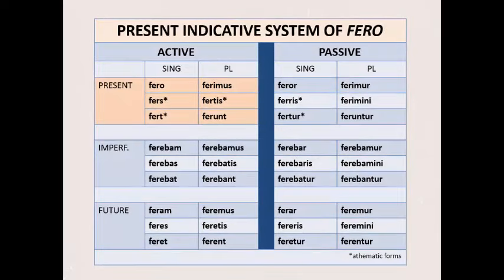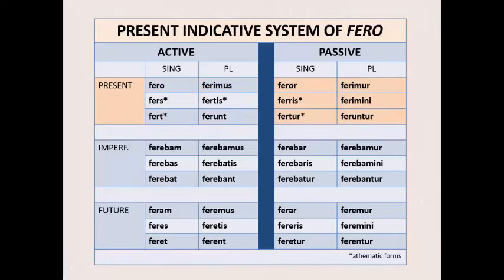But ferimus, note a thematic vowel's been added here, an I, as if fero were third conjugation, then fertis and ferunt. The Romans apparently considered fernt unpronounceable, so again a thematic vowel's been added. Thus, three forms in the present active indicative are athematic: fers, fert, and fertis.